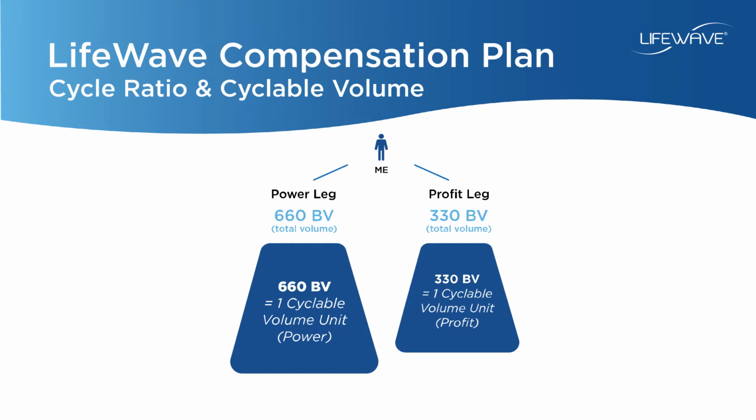Once you've achieved that, it's considered cycle ratio complete and you have a cyclable volume unit. Every week we count up all of those cyclable volume units and they are part of your cyclable volume, and that is used to calculate how much commissions you've earned in binary or cycle commissions each week.